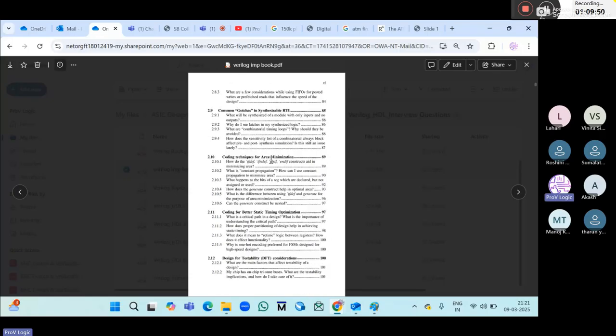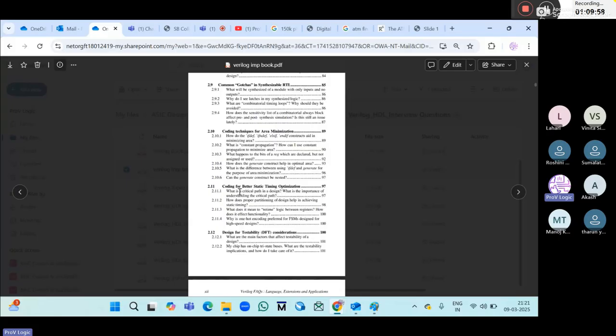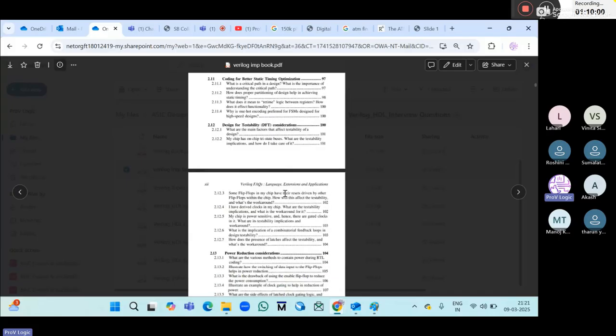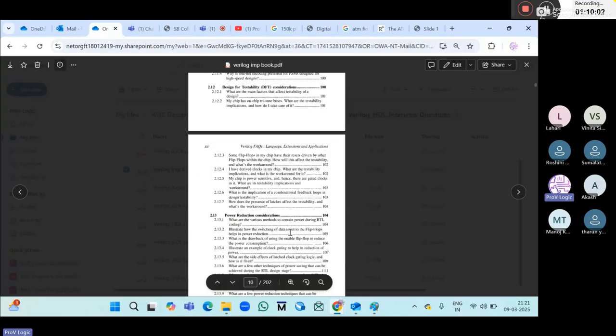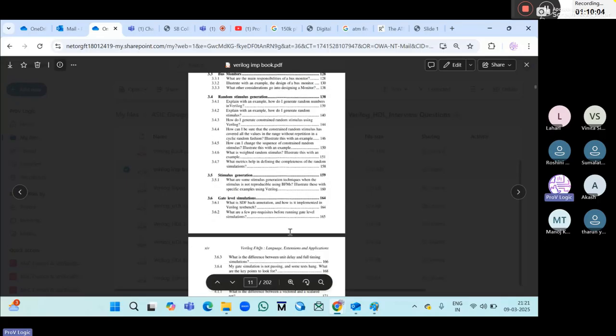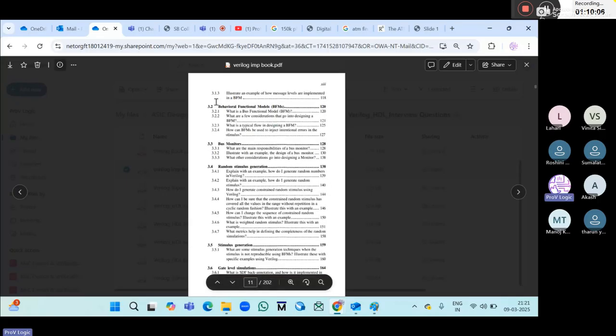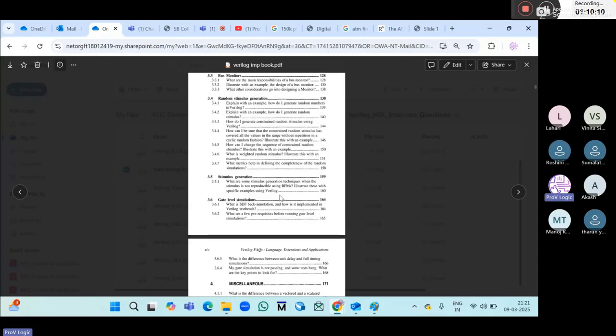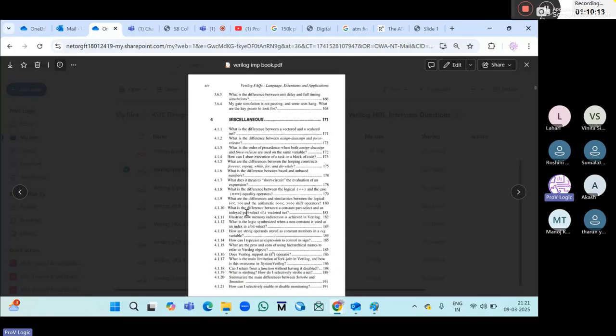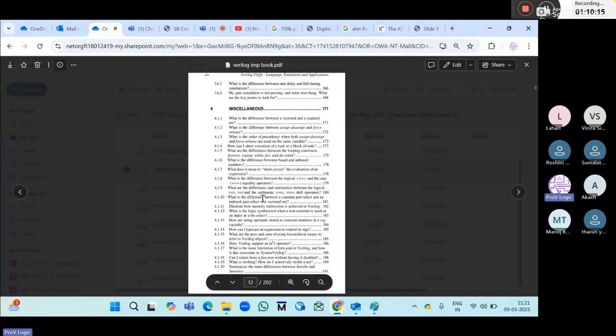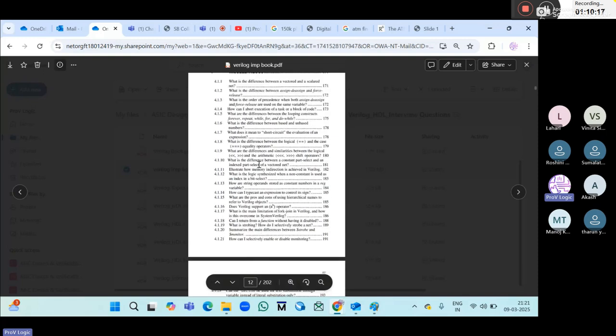Coding techniques with area minimization, like ifdef. These are not required, but if you want to learn more advanced, you can learn. Static timing analysis we need to discuss. DFT also, design for testability. Behavioral model monitors, random stimulus generation, gate level simulation, all these we discussed. Miscellaneous is just for interview purposes.